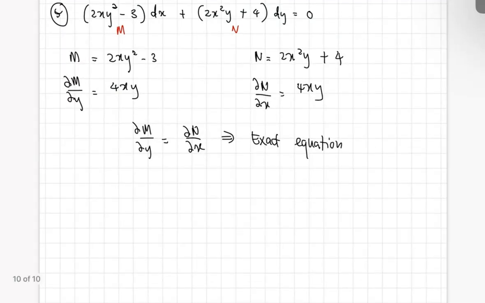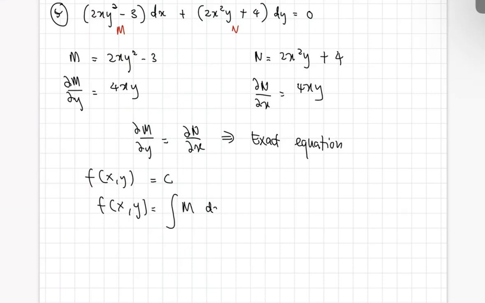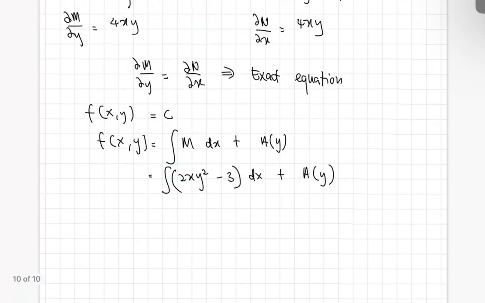So the solution f(x,y) must equal to constant c. So f(x,y) is the integration of M with respect to x plus some function a(y). So the integration of 2xy squared minus 3 dx plus a(y).